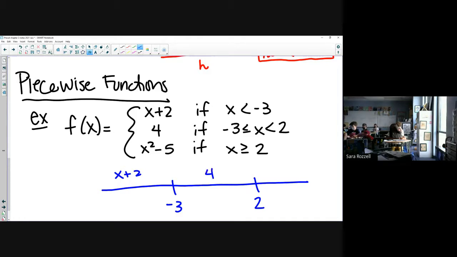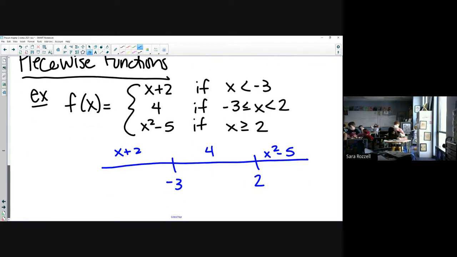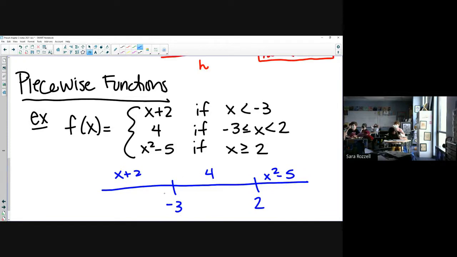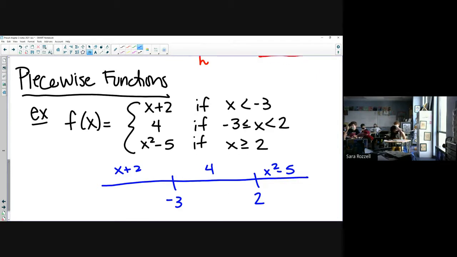You can't really plug it in. Your answer is just always going to be 4 if you're between -3 and 2, no matter what x value they give you. And if you are given an x value that's more than 2, which equation would you plug it into? x squared minus 5. All right, now you guys evaluate a couple numbers. You have to figure out first which equation you use, and once you know what equation you're going to use, you plug them in. Evaluate that.